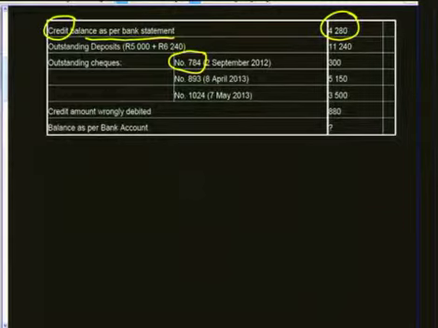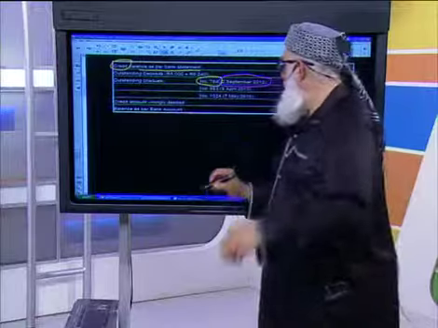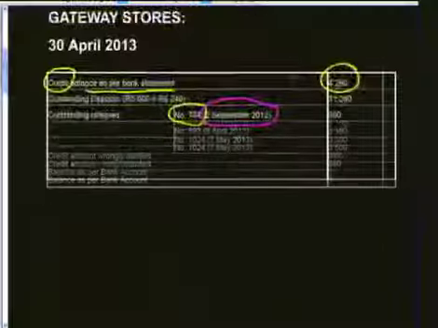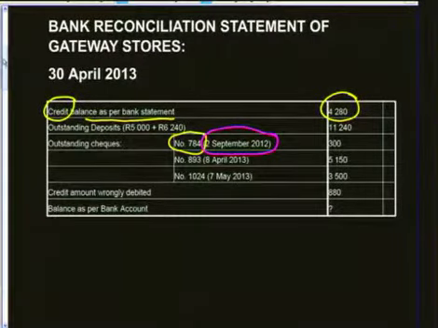And then it says there, what does it say? It says the 2nd of September 2012. Now, which month are we working for? Our information here is as at the 30th of April 2013. Remember, that's the 2nd of September 2012.